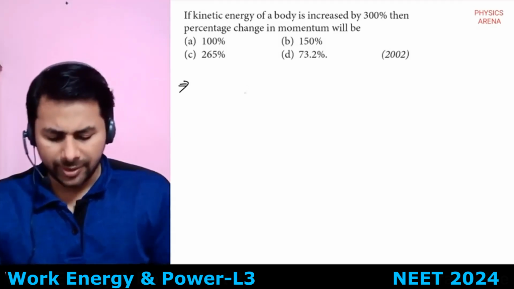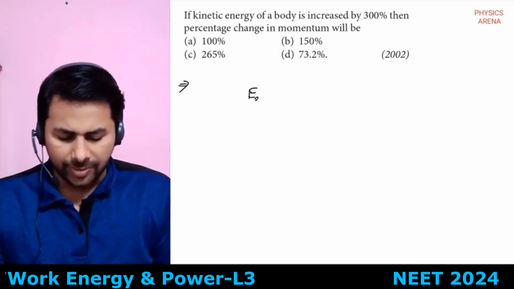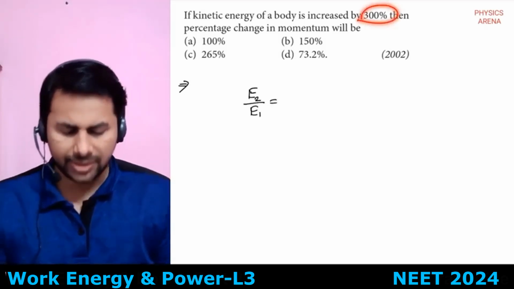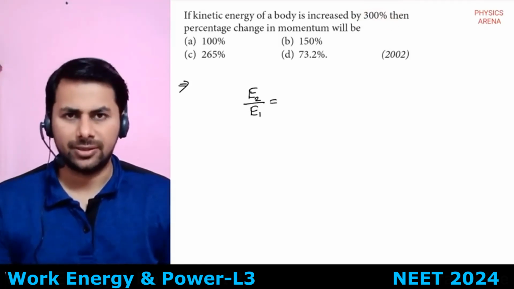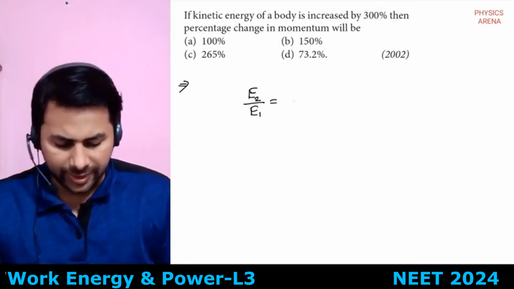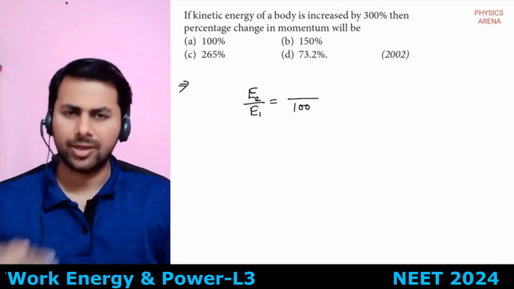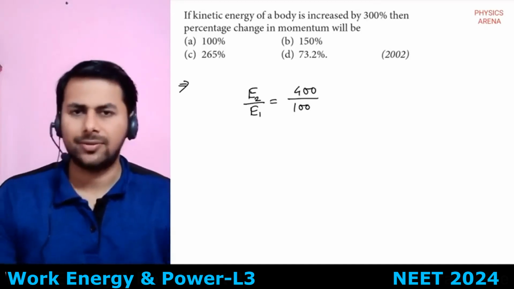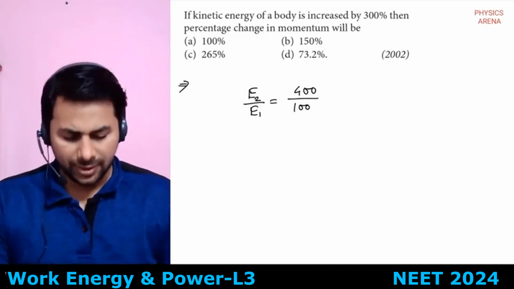Okay. This is simple. E2 by E1 will be equal to how much if it is increased by 300%? So we can say if E1 was 100, it is increased by 300%, E2 will be 400, right?